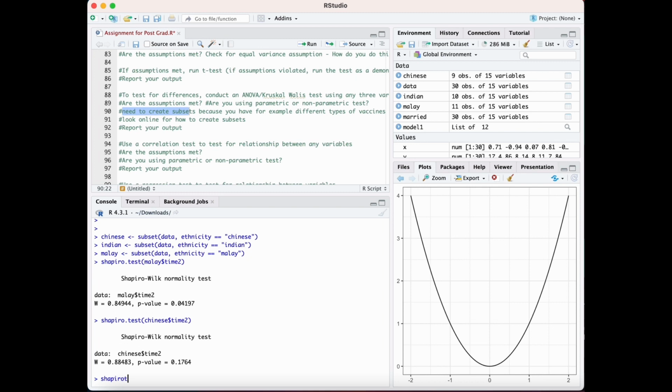Normally distributed. Shapiro.test, Indian time 2. Okay, so for Indian and Chinese against time, it is normally distributed except for the Malays. Therefore, ANOVA cannot be used. We have to use the Kruskal-Wallis test.